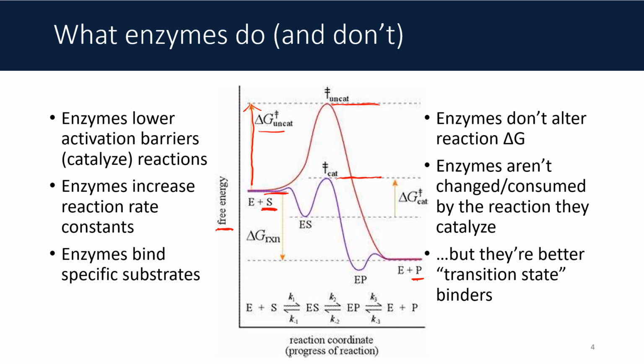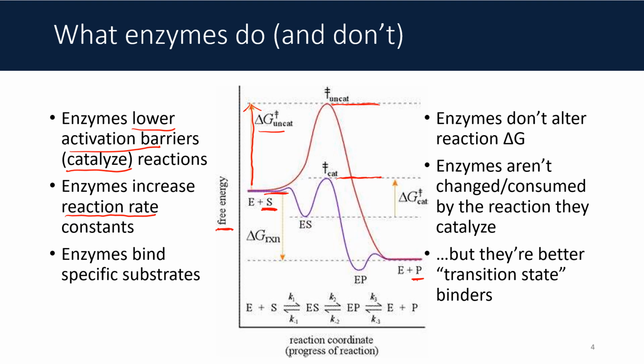This is a nice visual on how enzymes lower activation barriers, which in turn catalyzes the reactions. It speeds them up and makes that hill easier to cross. In a more numerical sense, what we're doing is increasing the reaction rate constants of that process.